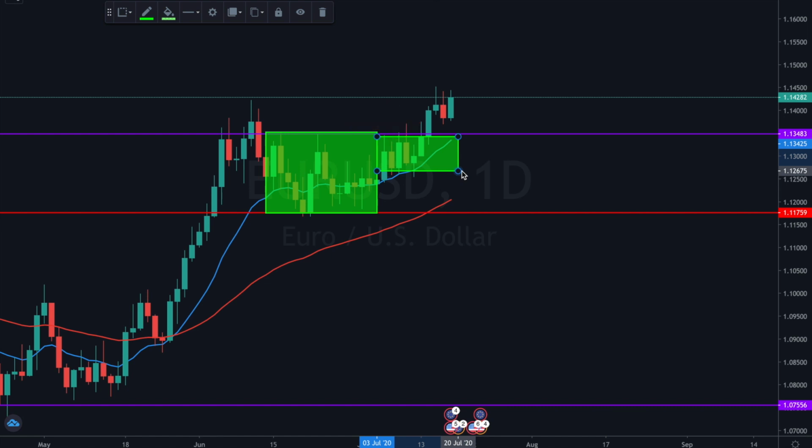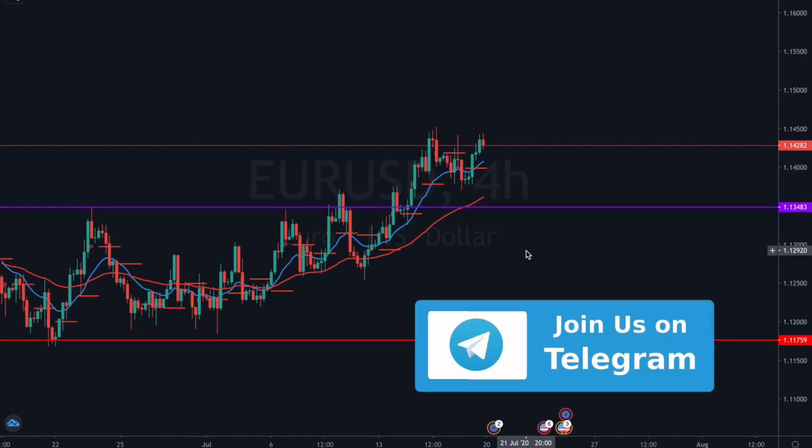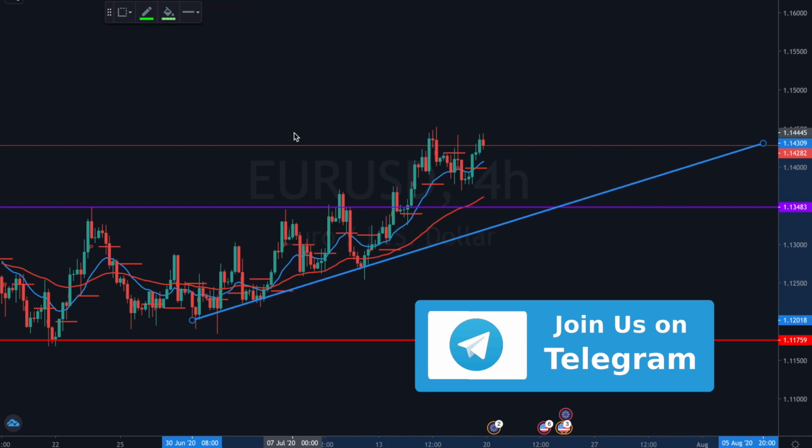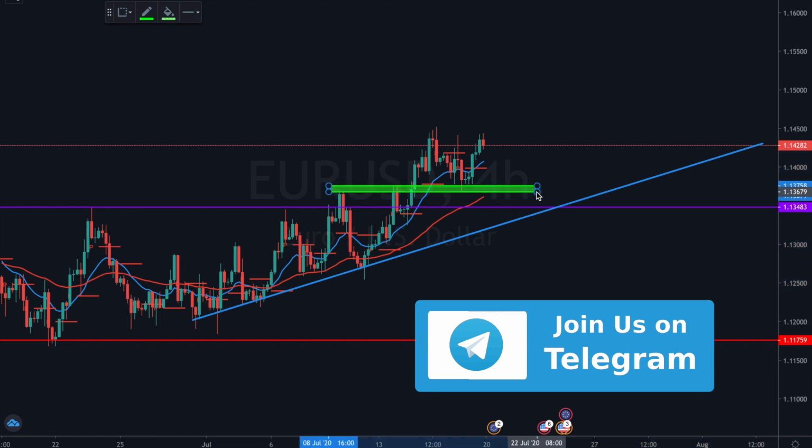So let's go down to the 4-hour time frame. So here on the 4-hour time frame we could draw a trend line as well. We could also draw our new minor support level right here, and new minor resistance as well.